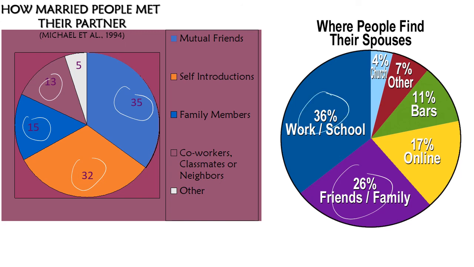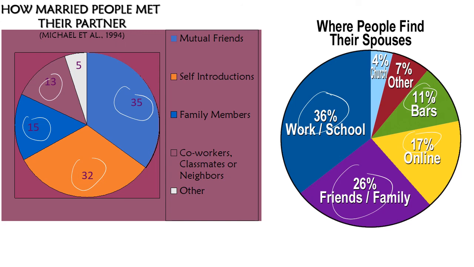Now it's 36%, almost 3 times higher. And where you've got self-introductions, that is kind of the same in some ways. When we look at now, you've got 11% bars and 17% online. Those both could be combined into looking at these self-introductions.